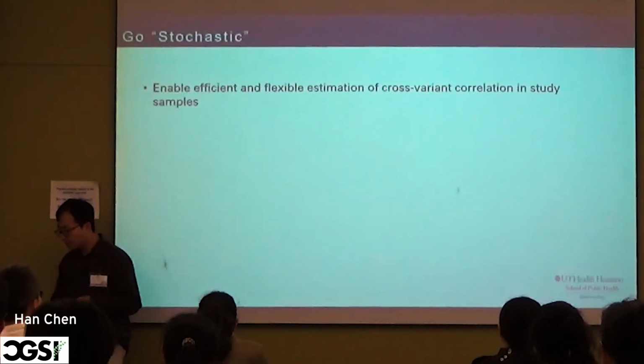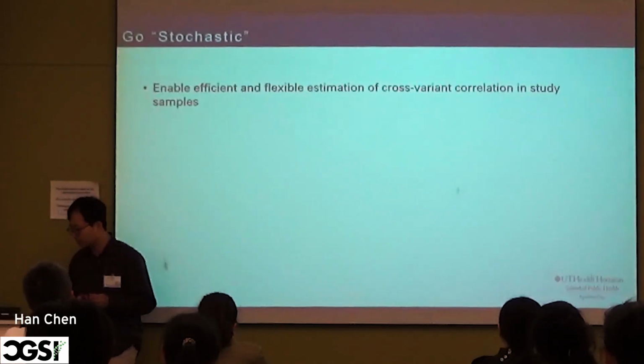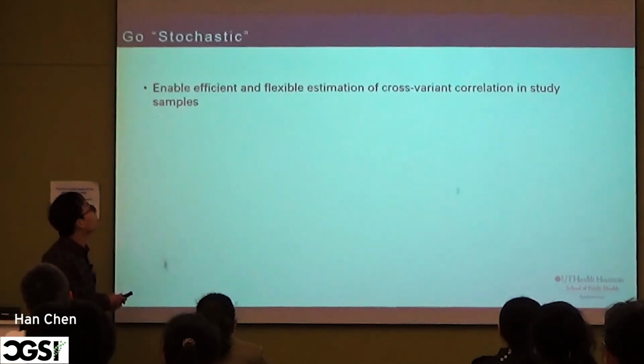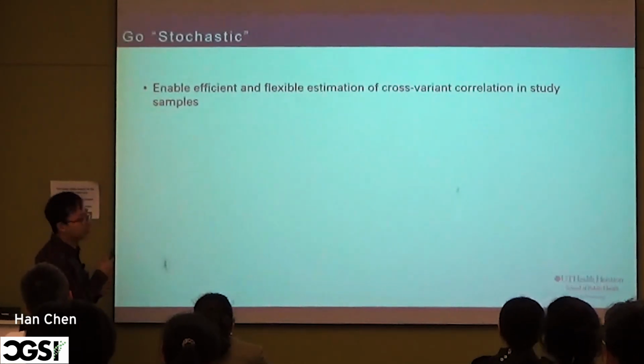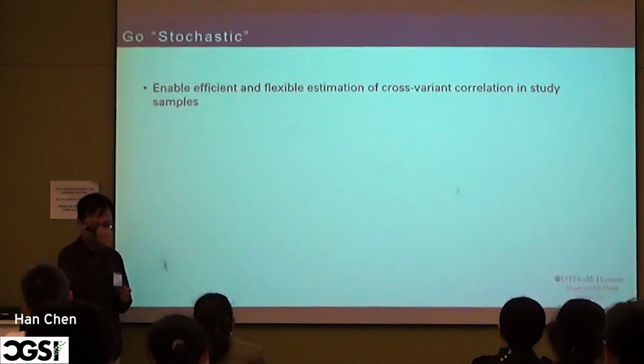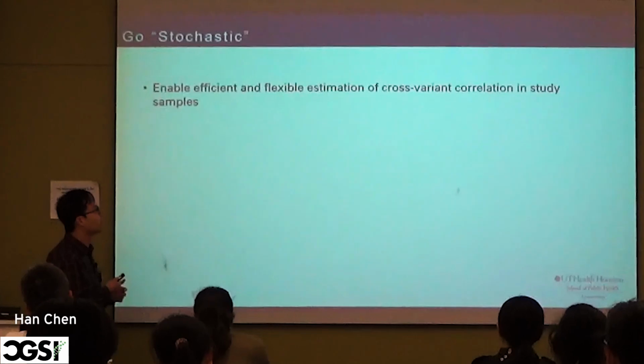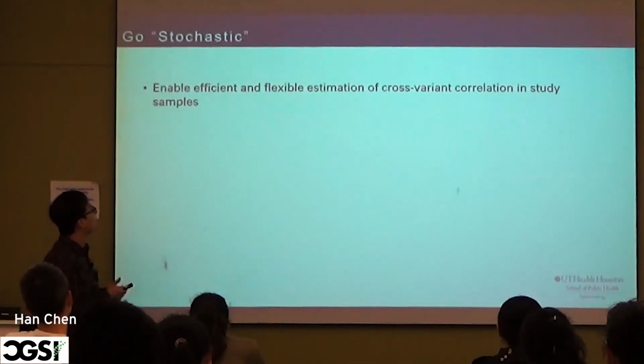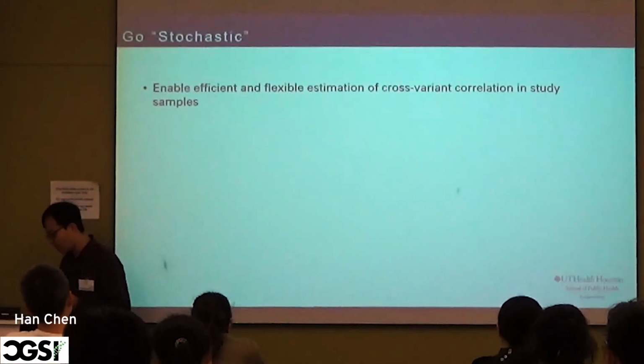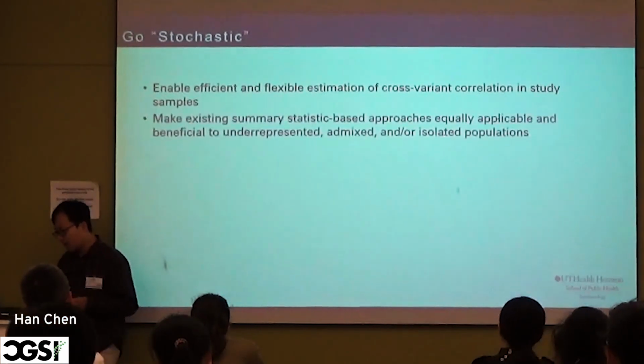So the solution that we came up with was to go stochastic. What does that mean? It means that we're going to use a randomized matrix algorithm to enable efficient and flexible estimation of cross-variant correlation in the study samples. So we don't really need the reference panel.